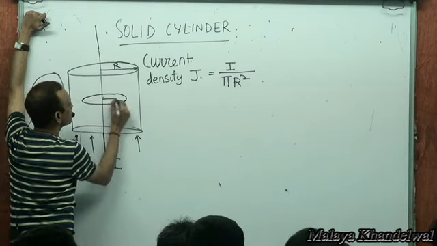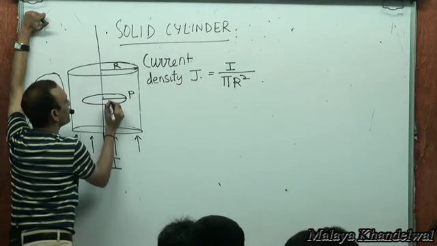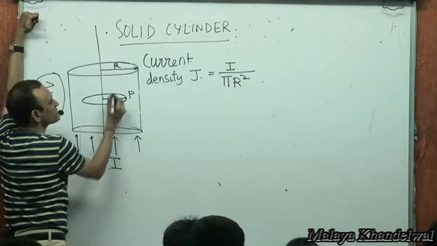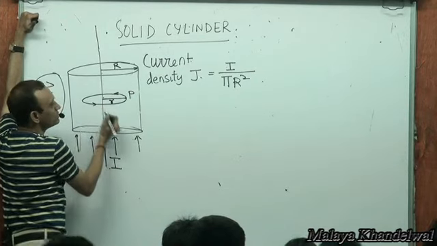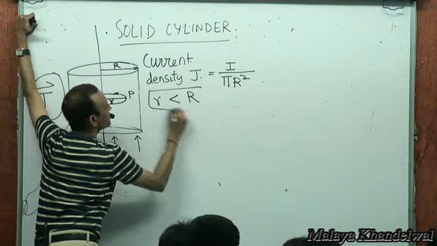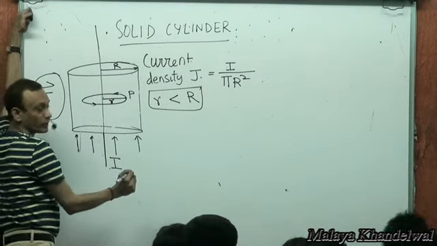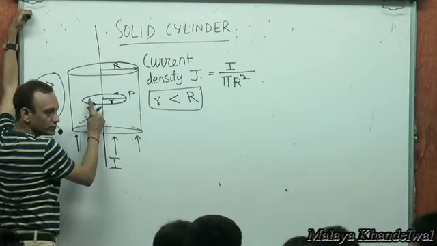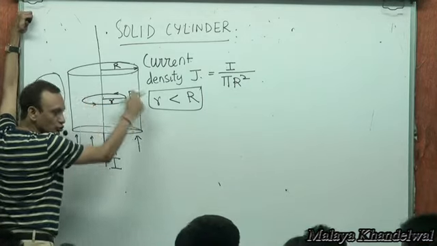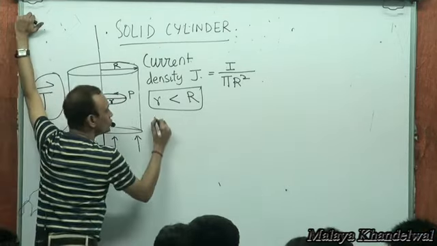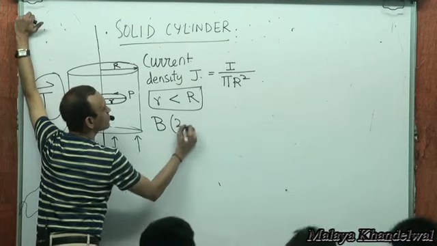Now if I take a point P inside at a distance small r, this is my Amperian loop that I imagine for small r less than capital R, for points P inside. Again from symmetry, B would be the same at every point of this loop and would be along the tangent to this loop. So the integral of B dot dl is going to be B into 2 pi small r.